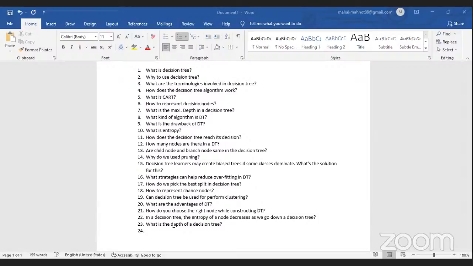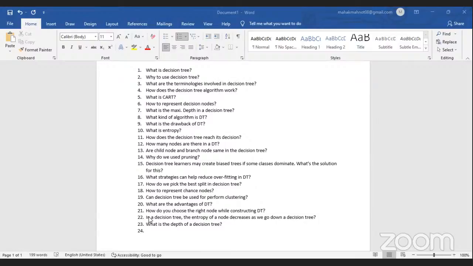Until the tree is as pure as possible, until we remove all the entropy. Till then it will continue splitting if the max depth number is not defined while creating the model. Clear?